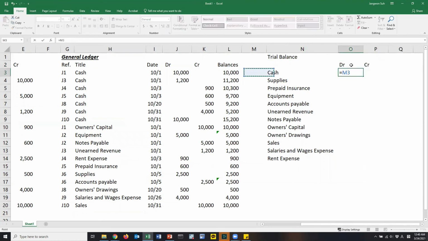Then the ending balance of cash is here, right? That of supplies is here. That of prepaid insurance is here, and the like. But you know what? There is a better way of working on it.